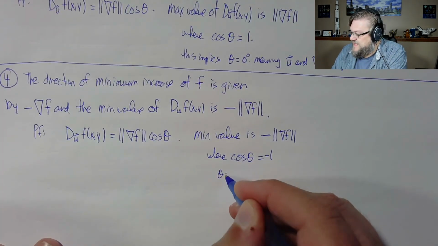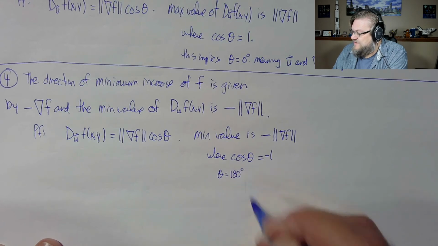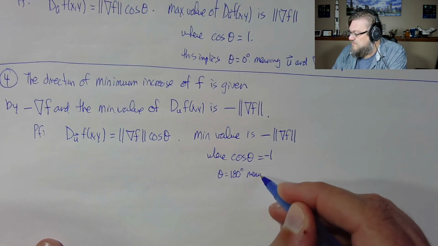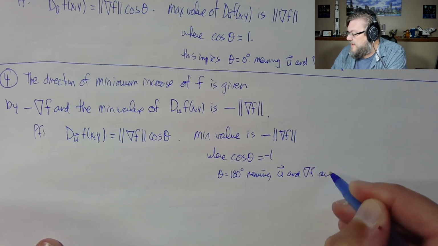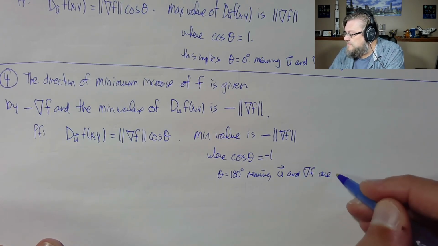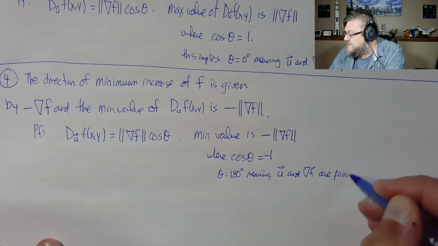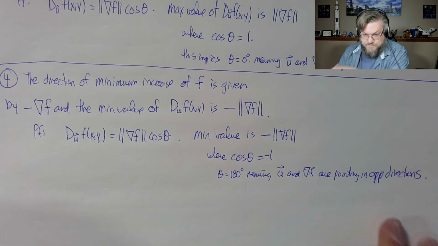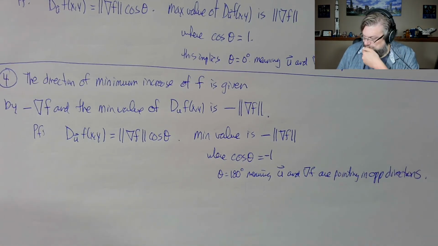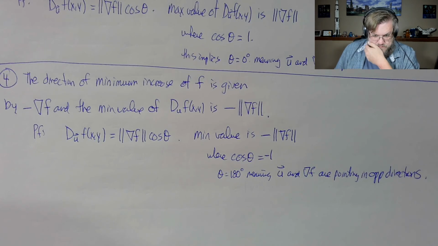So theta equals 180 degrees, meaning u and gradient f are pointing in opposite directions. Okay? Very good.